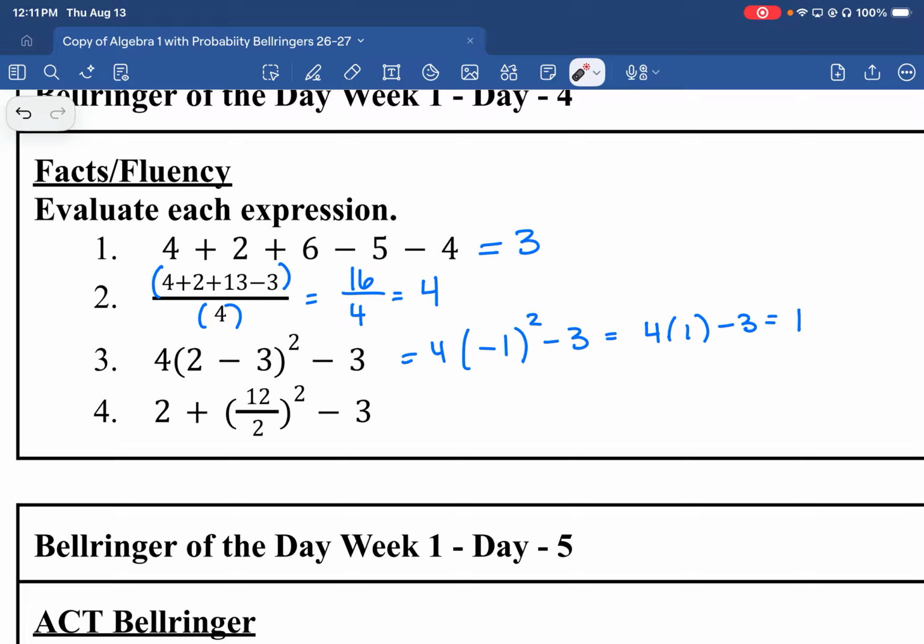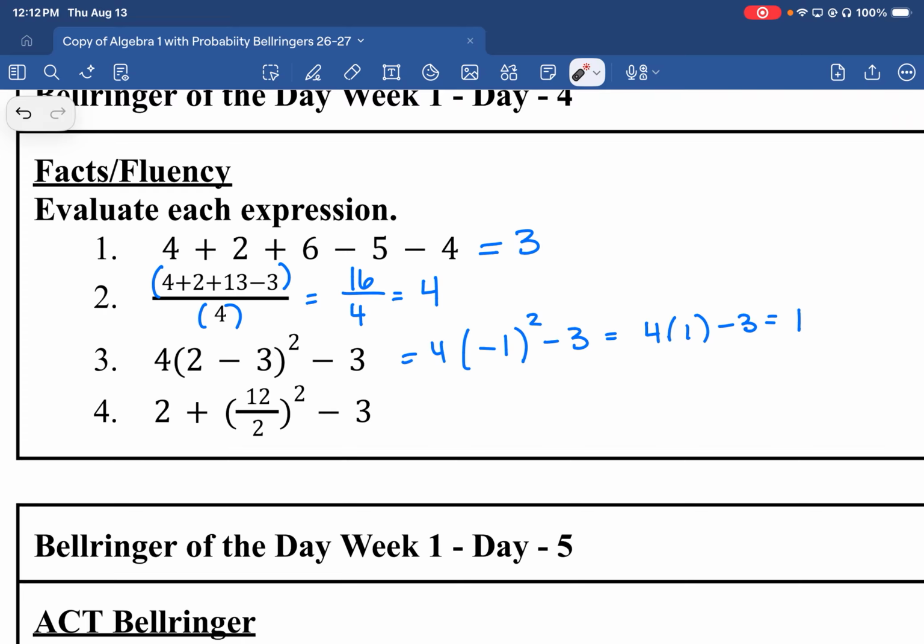Distributing has to wait till after any exponents are gone, because 4 isn't getting squared, and if we distribute in, it's squaring that 4. It just worked out because we're dealing with 4 and 3, which are smaller numbers, and then we're squaring. But we can't do that normally.